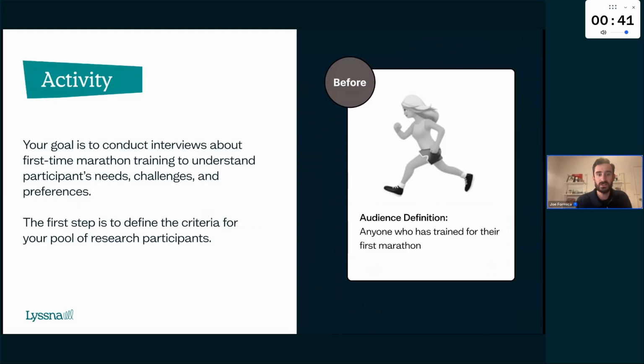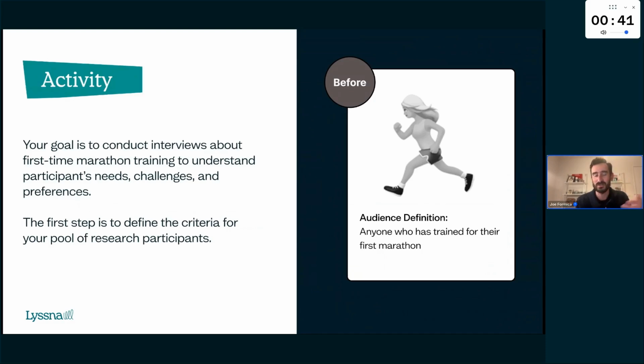So your goal is to conduct interviews about first-time marathon training to understand a first-time marathoner's needs, challenges, and preferences. And before we get into interviews and start talking to people, we have to define our pool of research participants. So let's say we start with this before our audience definition. Anyone who has, let's say, ever trained for their first marathon.